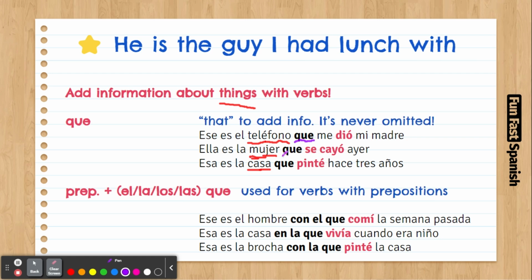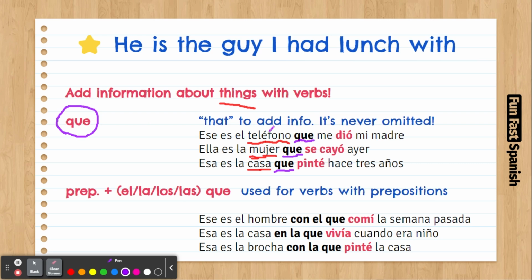So we have to put this que, because we have to use it to add information. Esa es la casa que. We're going to add information about it. This is the house that I painted 3 years ago. So the word que is the word we're going to use to add information. And we never omit it.